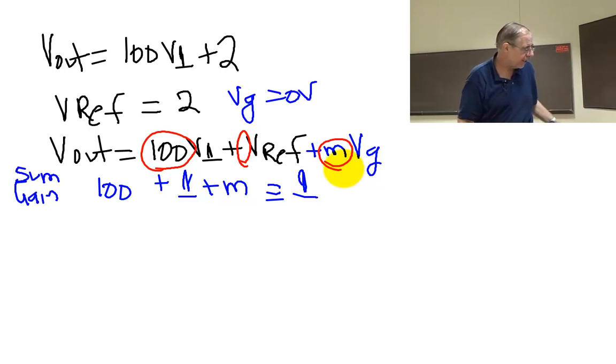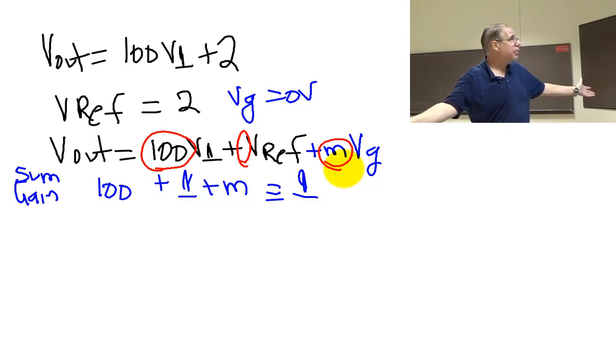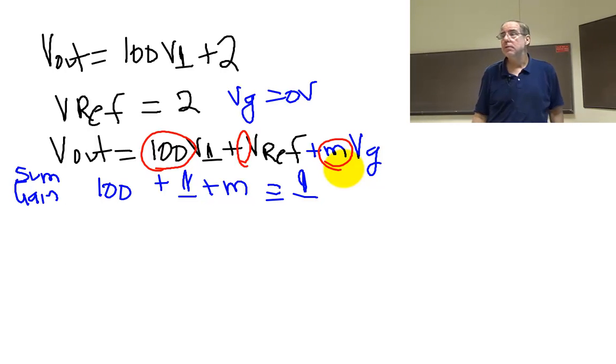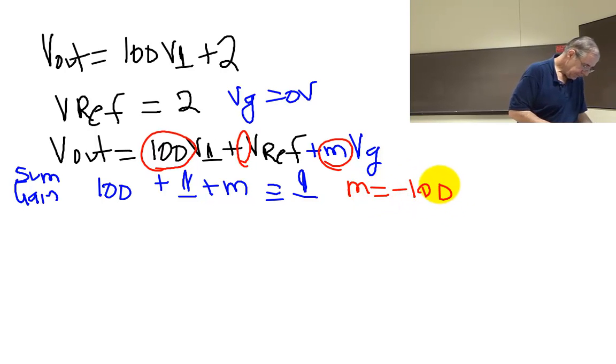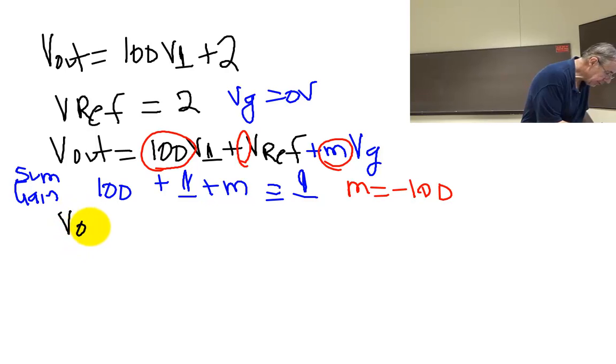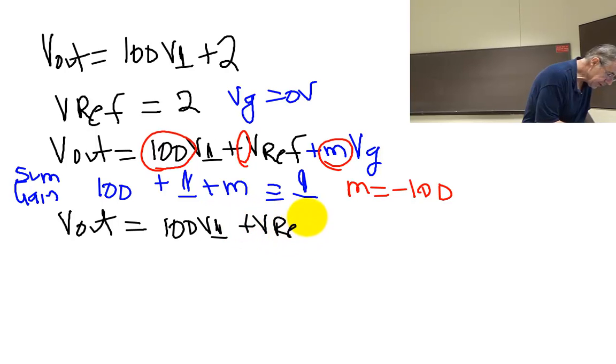So what should M be? Minus 100, right? So M is equal to minus 100. So we get Vout equals 100 V1 plus Vreference minus 100 VG.